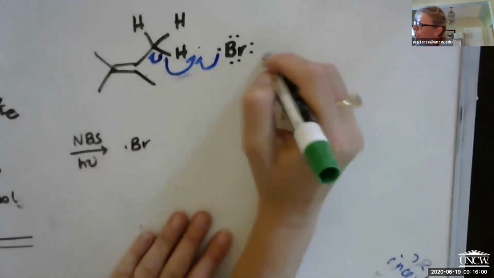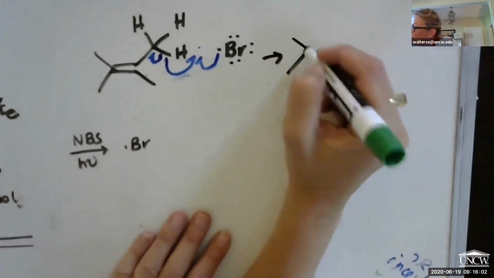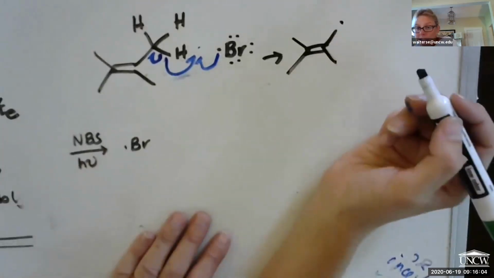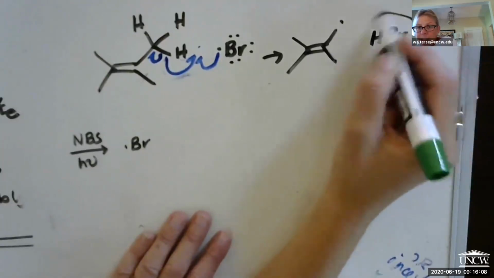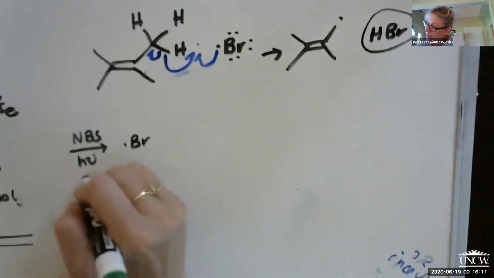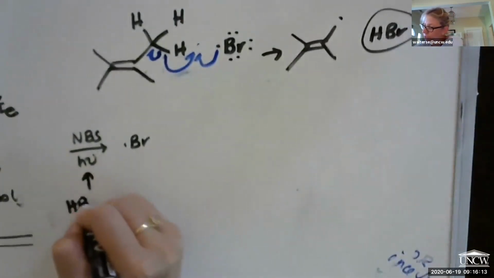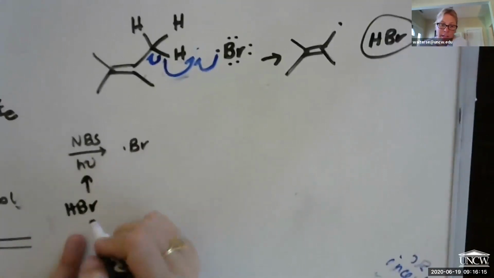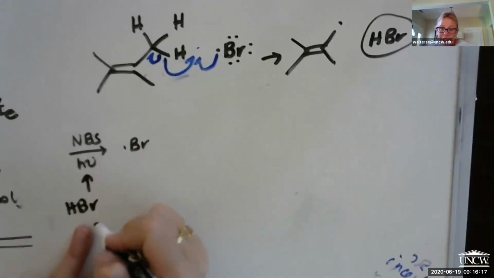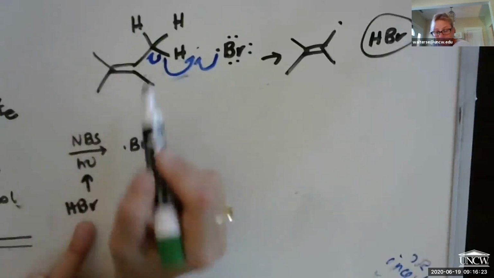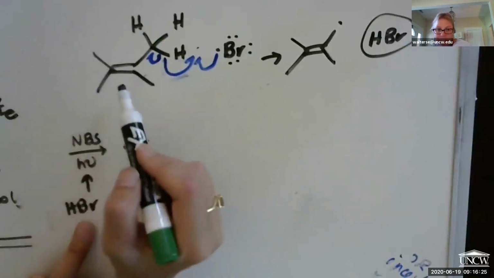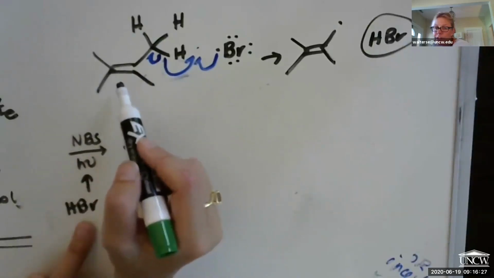So then from here you would get 2 products: the allylic radical and HBr. Now the HBr comes back into here. So the NBS cycle keeps the HBr concentration low so that you don't get a hydrobromination reaction on any of your regular plain alkenes or alkene substrate.